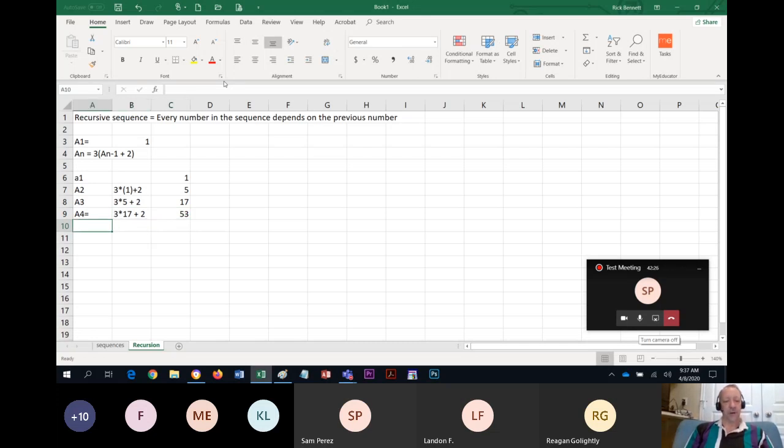A sub 5, excuse me. A sub 5 equals 3 times whatever the previous number was, which in this case is 53, plus 2. 3 times 53, 3 times 5, so that's 159, plus 2 is 161. Okay? Does that make sense?